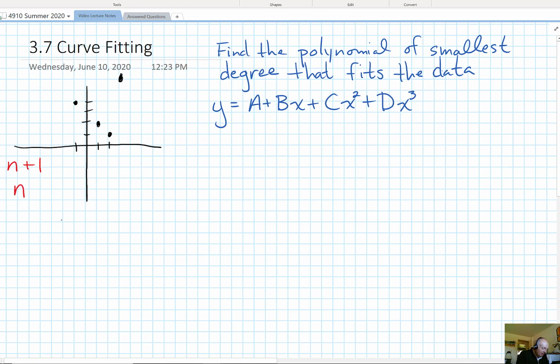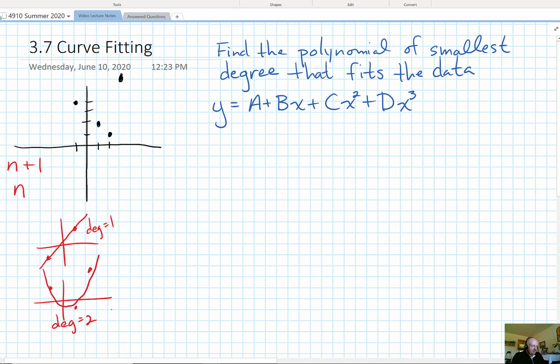And think about it. If you have 2 points, is there an equation that goes through those? Sure, it's a line. That is degree 1. If you have 3 points, can you find a curve that goes through them? Sure, it's a parabola. That's degree 2. 3 points, degree 2.